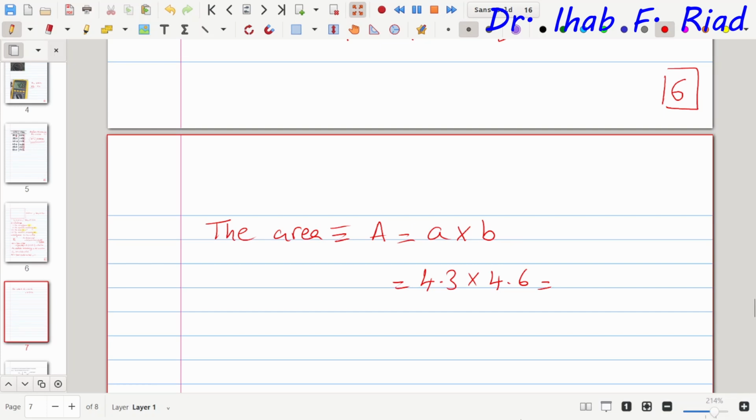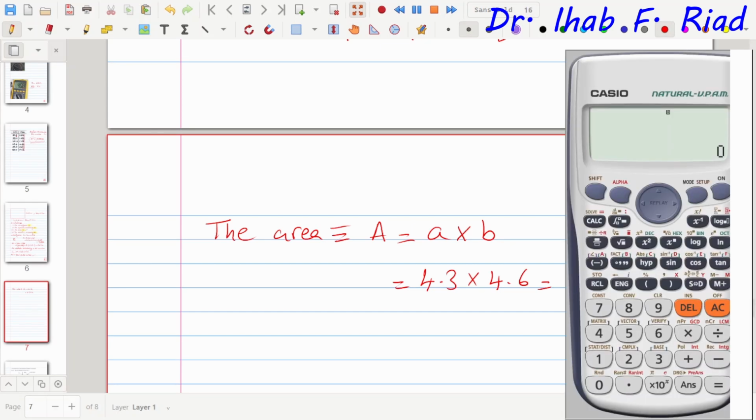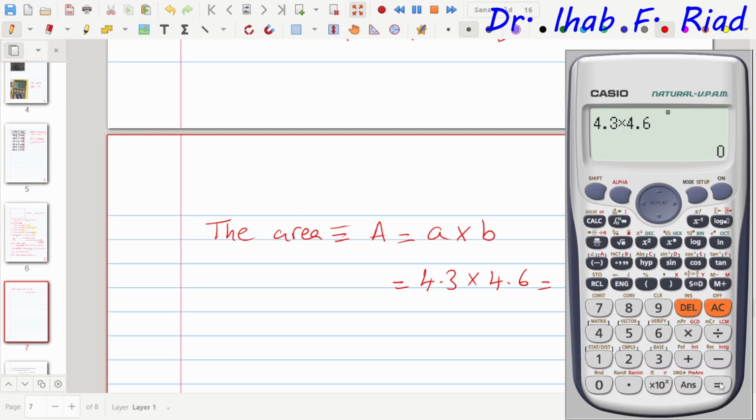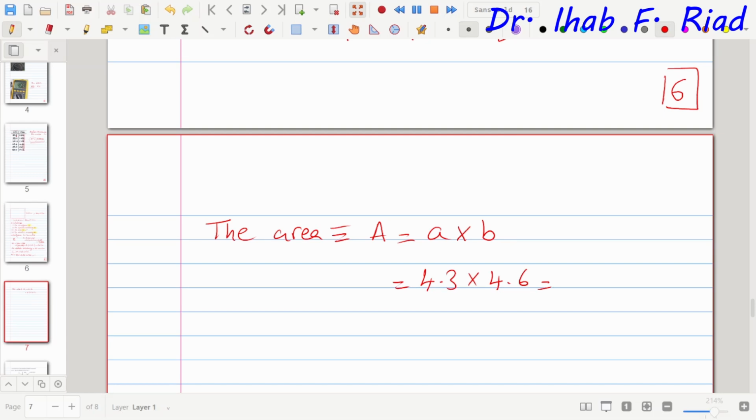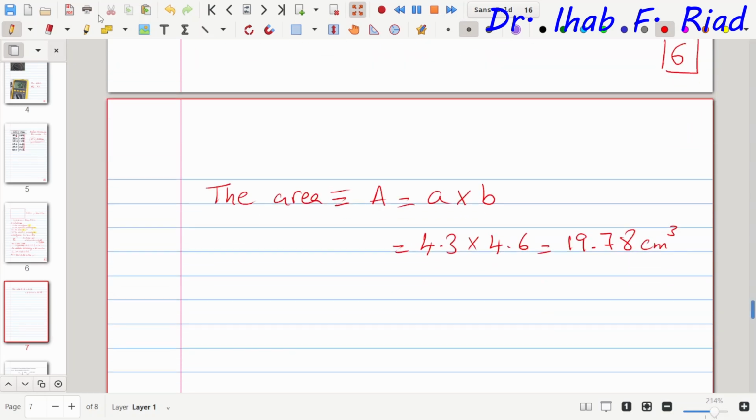Let us do the calculation. 4.3 times 4.6 is equal to 19.78, and the unit is centimeter square.